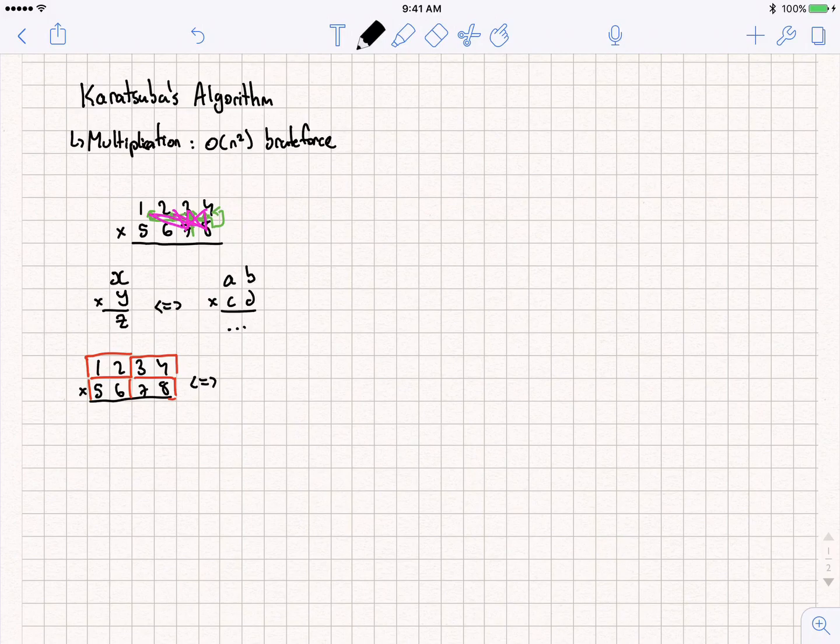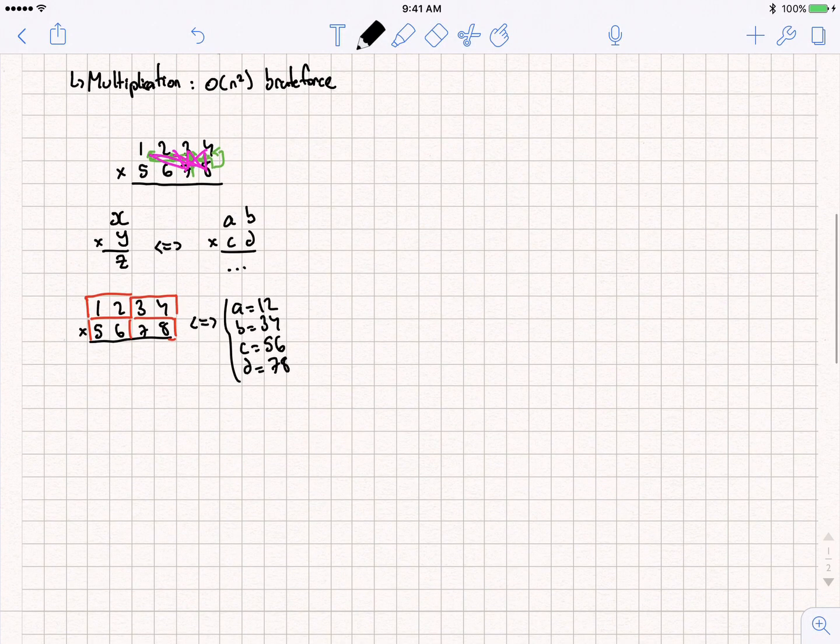So what is the actual result of this? We have this number AB. Now we said that A equals 12, B equals 34, C equals 56, D equals 78. Now how do we actually get the result from x and y if we have these numbers? We broke it down into these steps, but notice the following.